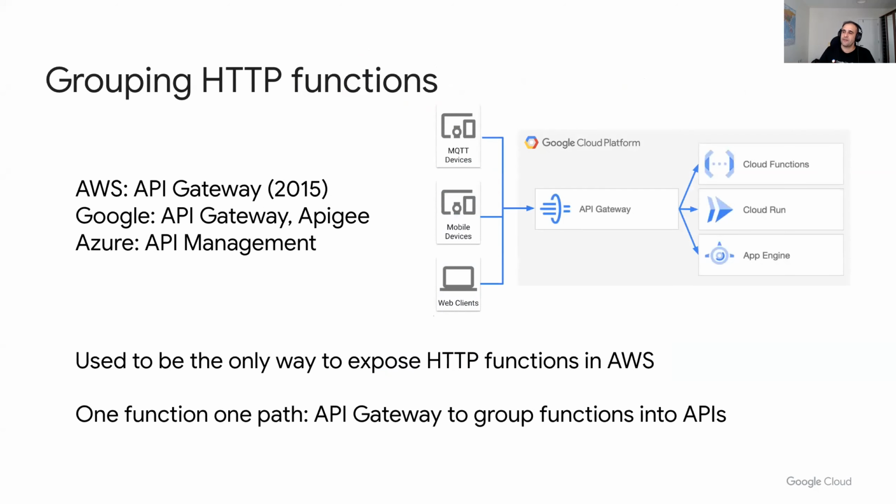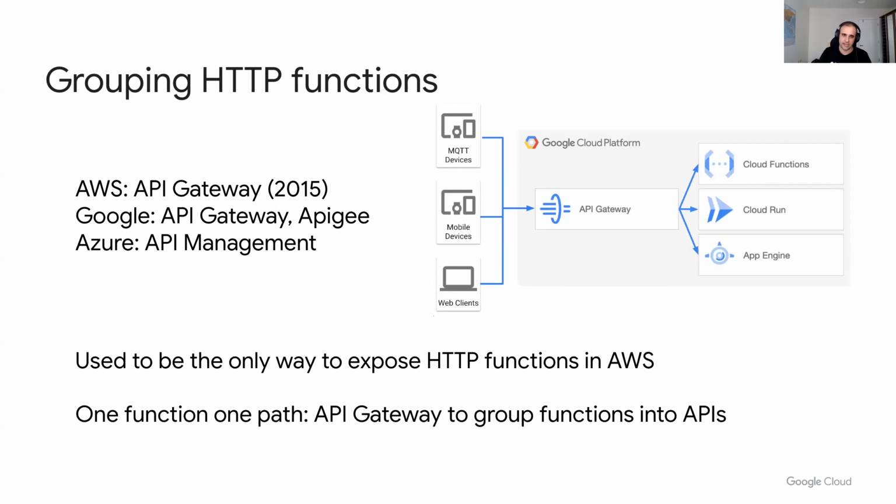And once you started having a lot of functions, at some point you want to be able to group them together, right? Because functions have this problem of one function, one path. So let's say you're building an API. In APIs, you have the base URL, and then you have other URLs for the API.